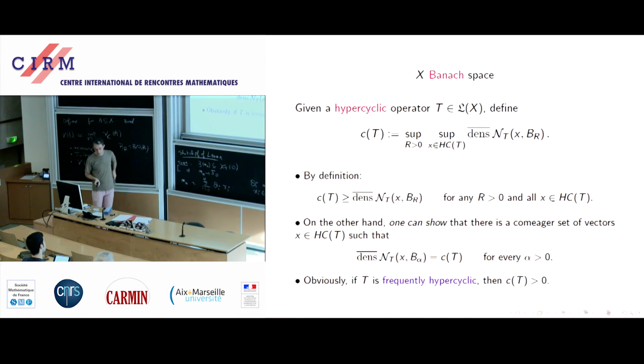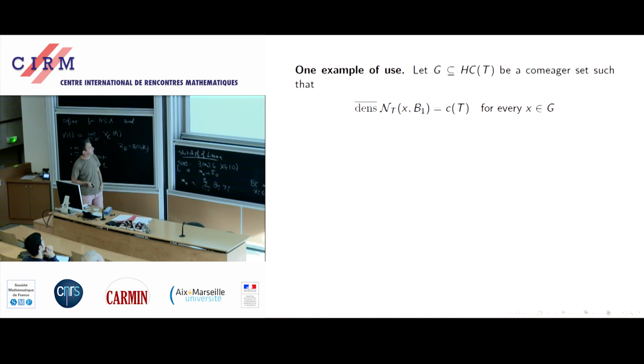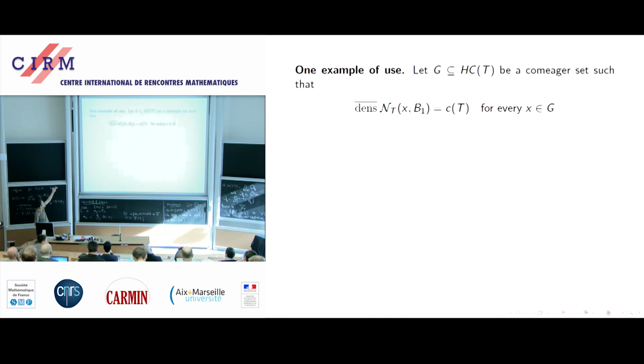Okay, so why introduce this? Just a small parenthesis: one example of use. So assume that you have this Omega set from the previous slide, such that the upper density of N_T of x, B1, where B1 is the unit ball, is equal to C of T for every x in this Omega set. So now you take an open set, which is like this.